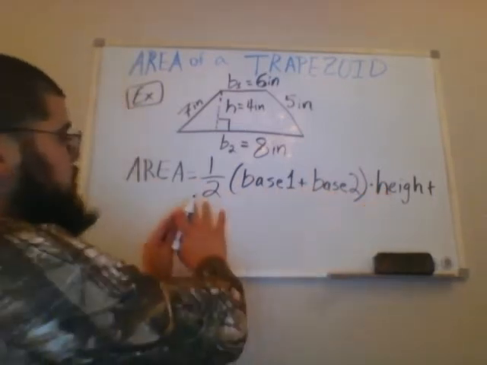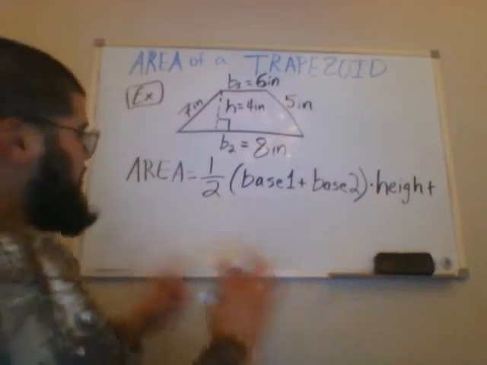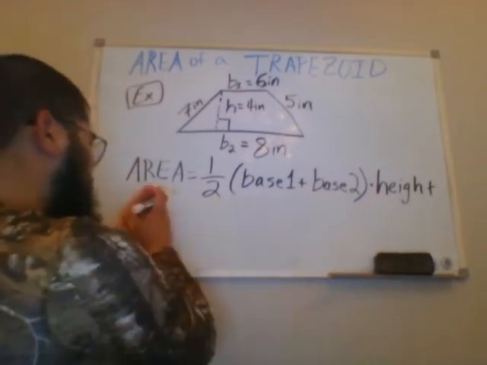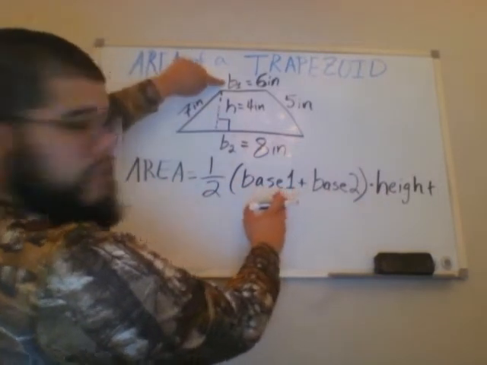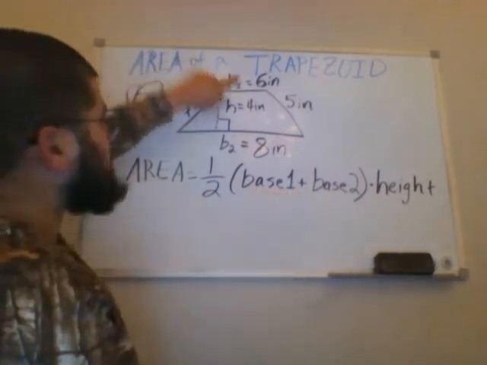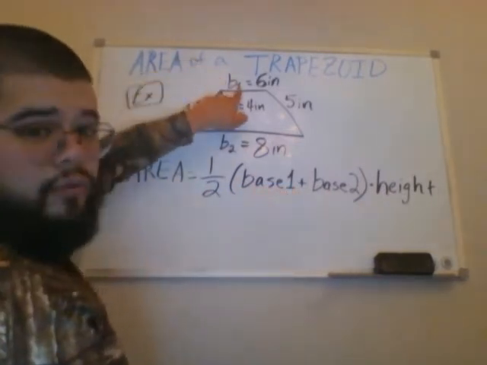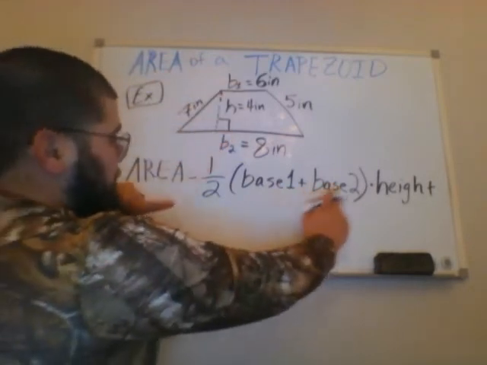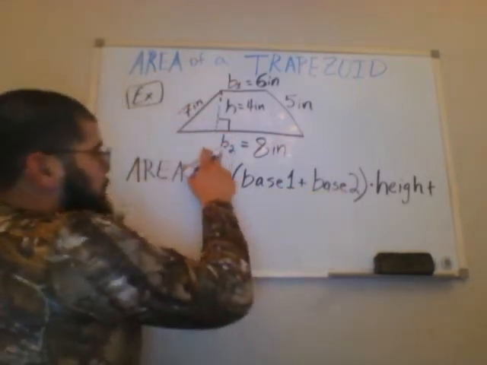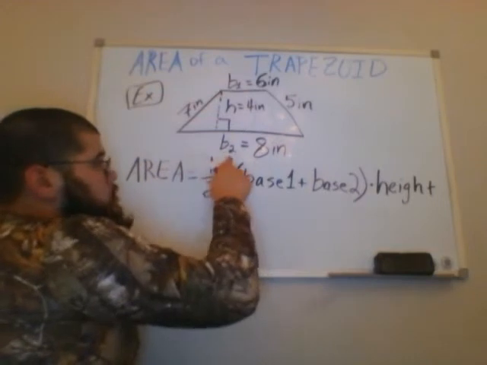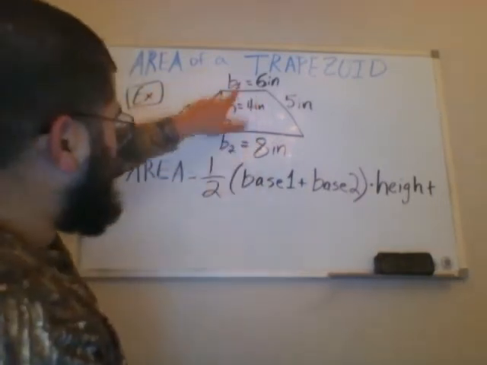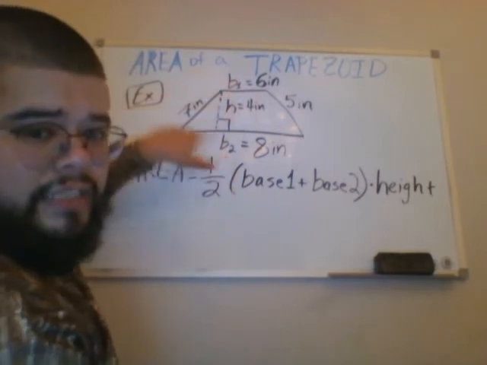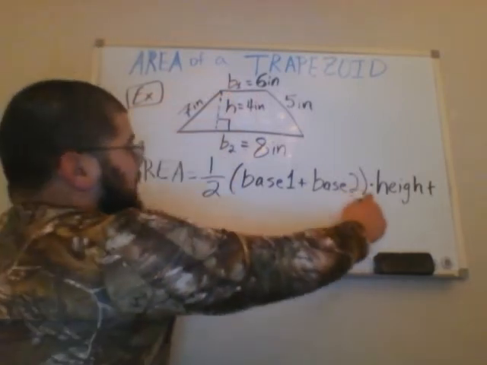Okay, and we're going to abbreviate this whole thing into something smaller, which is A for area equals 1/2, and base 1 we can represent with this symbol that we have here, lowercase b, subscript, that little tiny 1, plus base 2, the second base. The 2 and the 1 are just for labeling purposes. Remember that. This is the first base, this is the second base of the trapezoid.